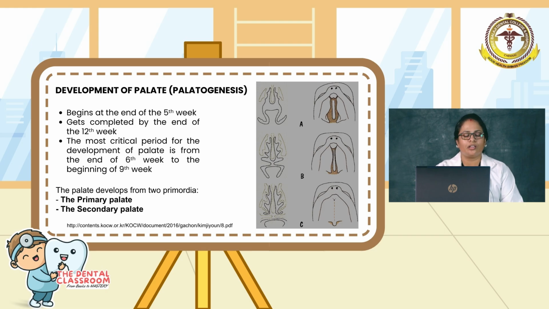Just imagine, think of it like constructing a bridge. The primary palate is like a first small platform which is found in the front. Then from either side you have the secondary palatal shelves that grow out. At first they hang down on the sides of the tongue. Later as the jaw grows and the tongue drops, these shelves swing up, meet in the midline and fuse together and close.